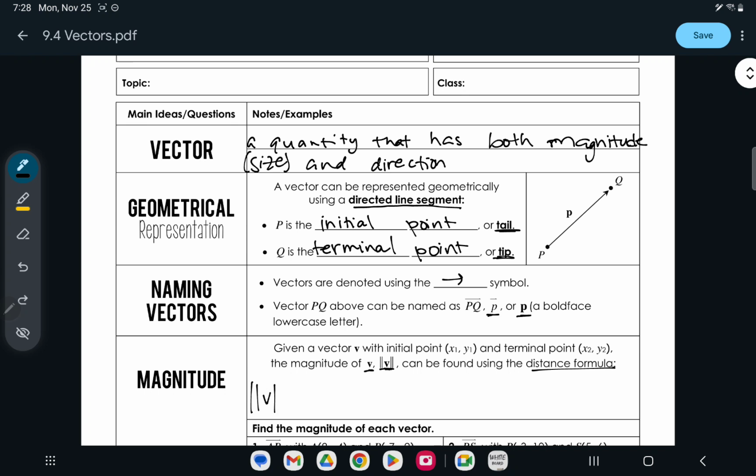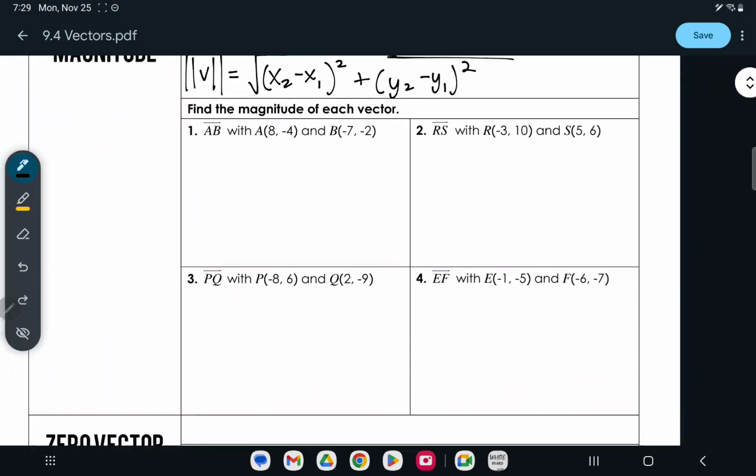So the magnitude of V is the distance formula, which is just the difference in the x's squared plus the differences in the y's squared, all of that square root. So let's look at some.